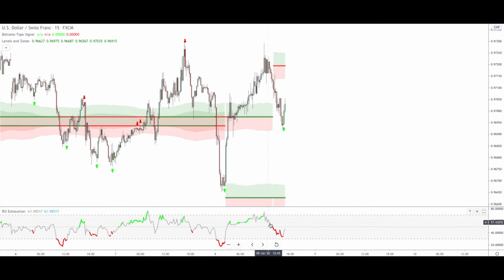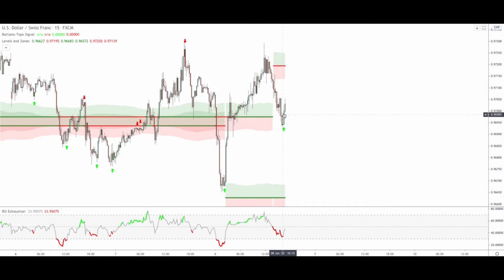And then it went back down, and it's not currently oversold, but it became exhausted as well again.